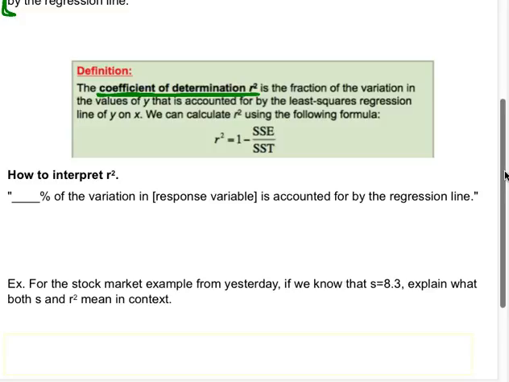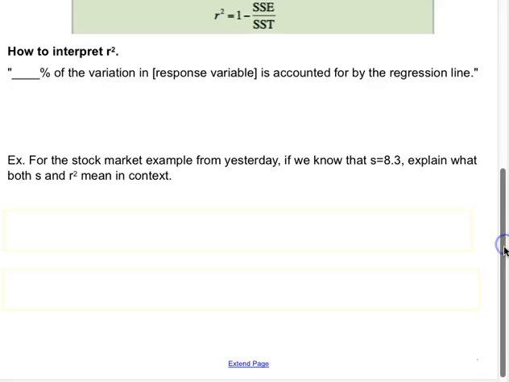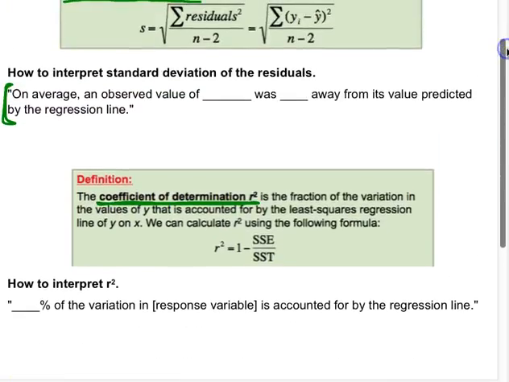All right, so let's chat about what this means. For the stock market example that we did yesterday, let's say we know that S is 8.3, S being the standard deviation of the residuals.